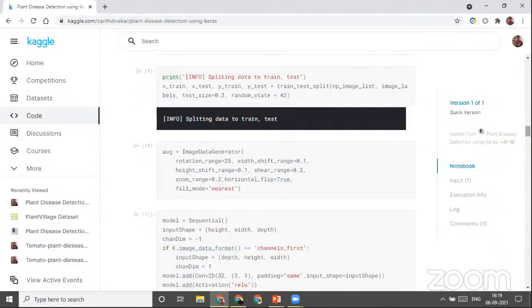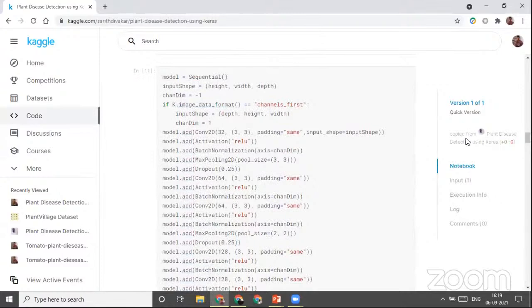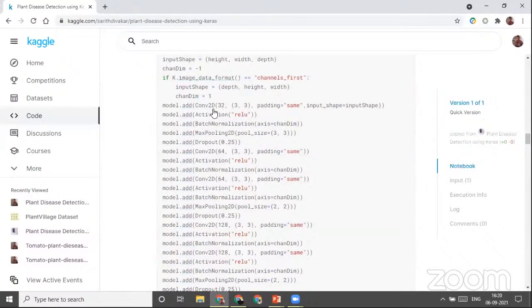Okay. And here the next stage is building the model. Here we are going to use a technique called the sequential API in Keras, and these are the different layers that you can add: convolution layers, max pooling layers.